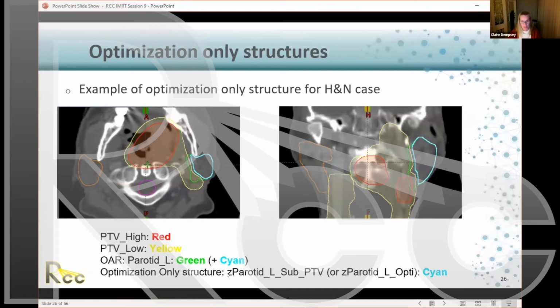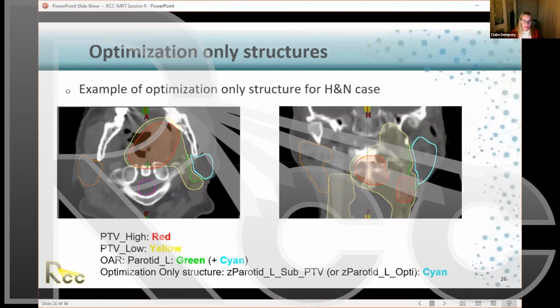We have the Z in the front. It's our left parotid subtracting the PTV, or we could call that our Z structure, left parotid opti, meaning an optimization structure. So that's this structure here. It's the part of the left parotid that does not exist within the PTV.